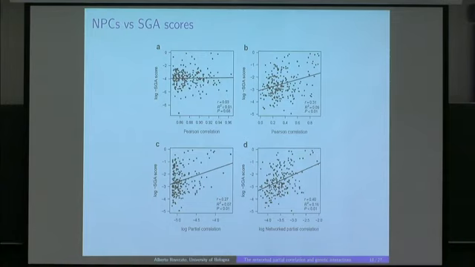Looking at these two panels, for instance, we consider the partial correlation here and this SGA score, and we see that there is a positive association and the R square is 0.07. When we go to the network partial correlations, we have a stronger association. I have to say that the improvement is not huge.